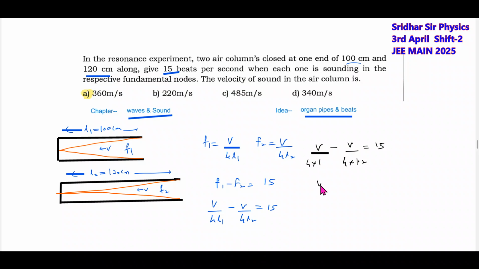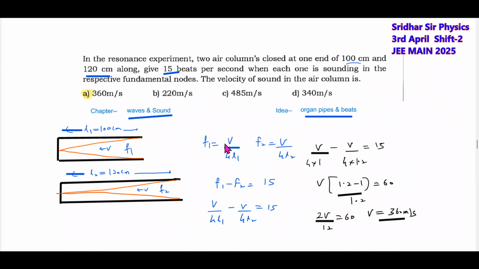So 1 by 4 into 1 minus 1 by 4 into 1.2 equal to 15 by V. Taking 4 also, 1.2 minus 1 over 1.2, into 60. So 0.2, or this will be 2V by 12 into 60, so V will be 360 meter per second.